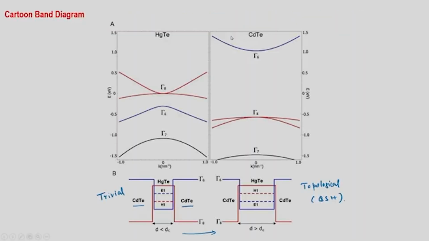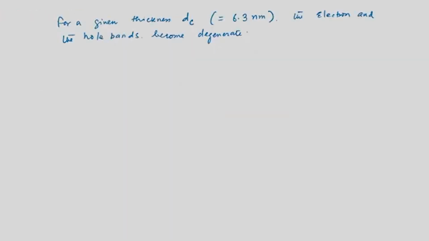So E1 and H1 merge. The cartoon picture is good enough to only show one electron band and one hole band, and they merge and then they switch order. When they merge, that's called the degenerate point.